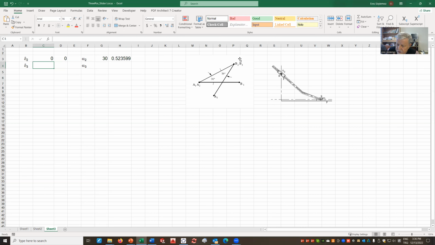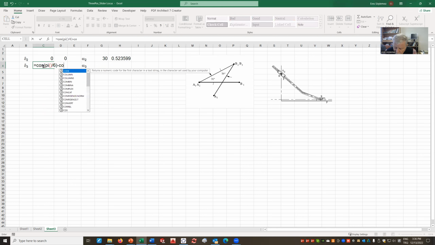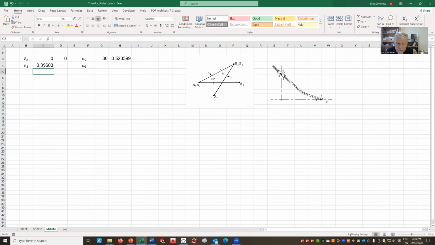Now, if this angle is 30 degrees, the angle A3B3 makes with respect to the horizontal axis will be 60 degrees. So it will be cosine of 30 degrees, which is pi over 6, I have to use angles in radians, remember, minus cosine of pi over 3, which is 60 degrees. That's the location of A3.